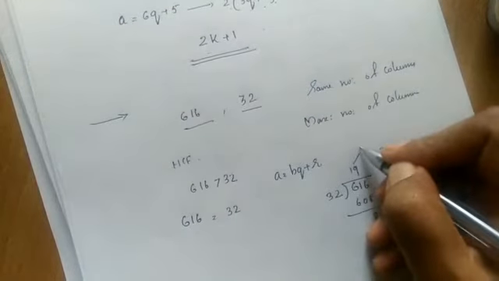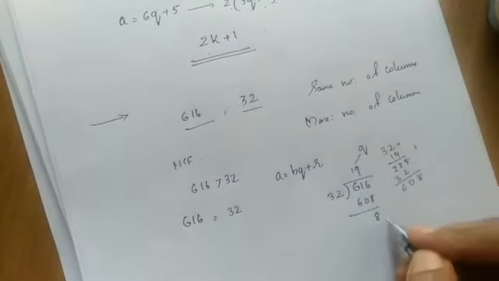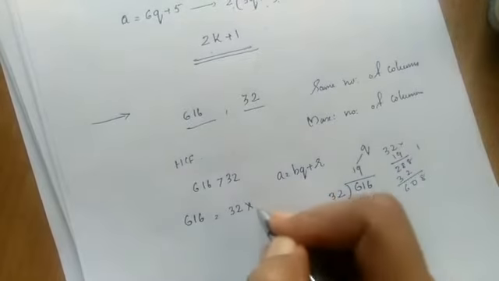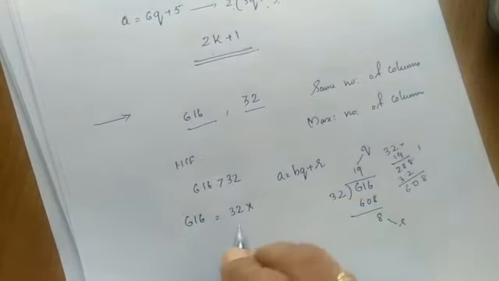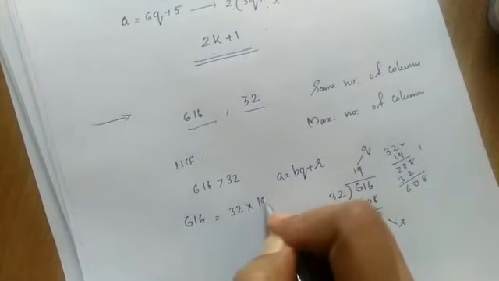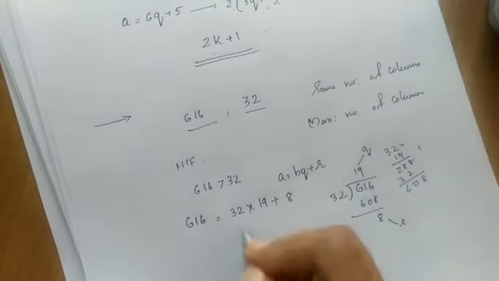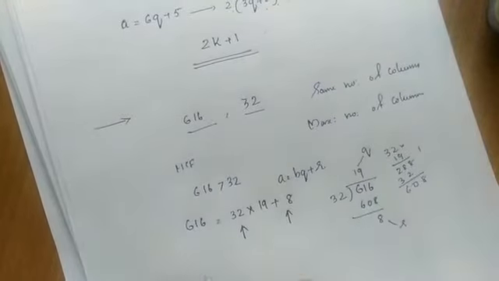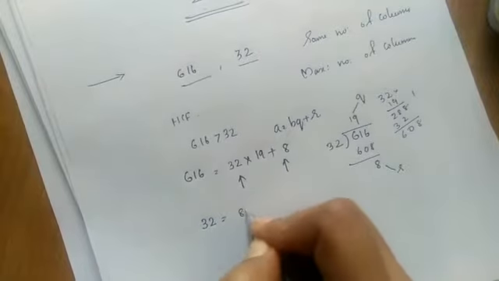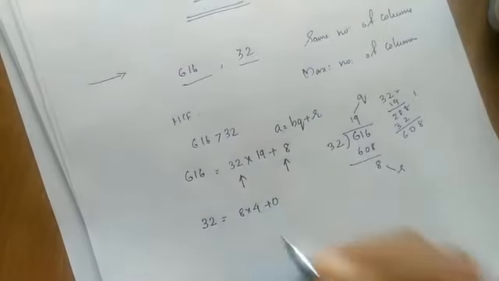So 616 is equal to 32 into 19 plus 8. Again, for 32 and 8, 32 is equal to 8 into 4 and the remainder is 0.